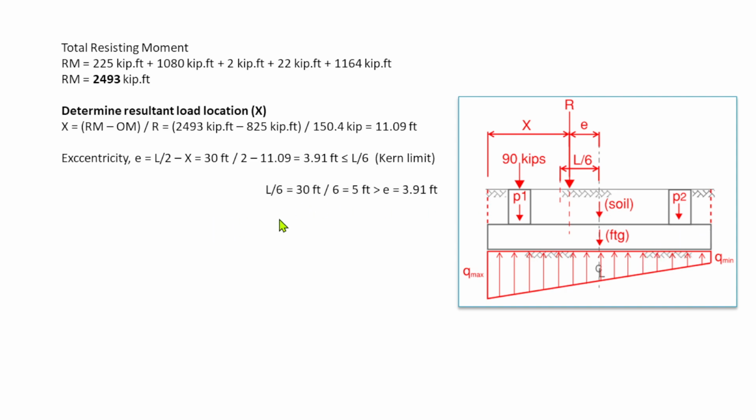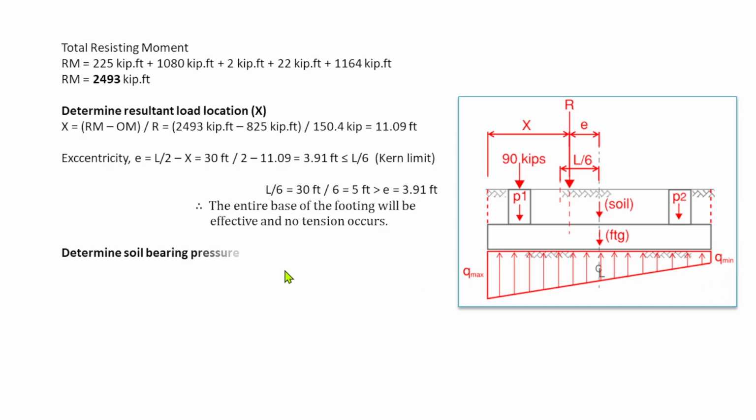Now, L over 6 is equal to 30 over 6, equal to 5. So see, this is greater than 3.91. Which means the entire base of the footing will be effective and no tension occurs. So this is our configuration of bearing pressure. It's a trapezoidal shape.